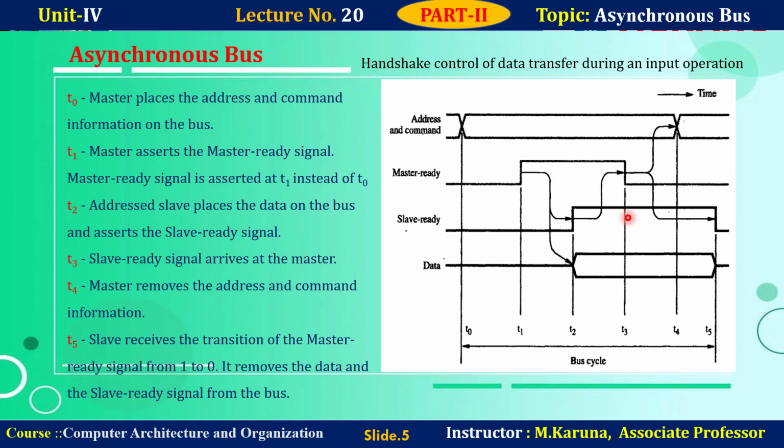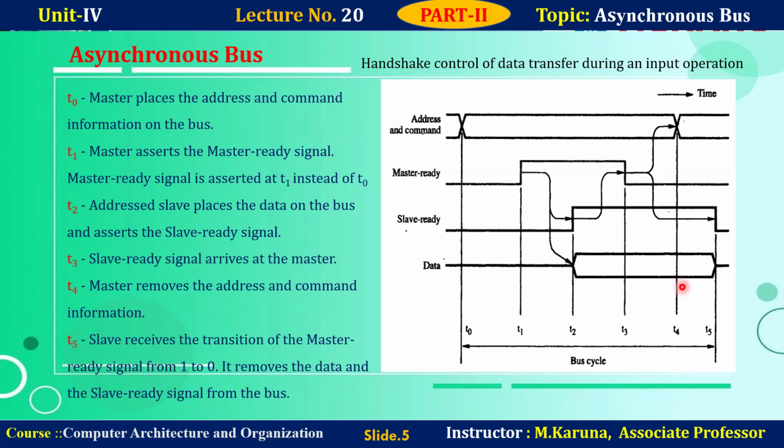At the same time, it drops the master ready signal, indicating that it has received the data. So at T3, the master received the data from the data bus sent by the input device.